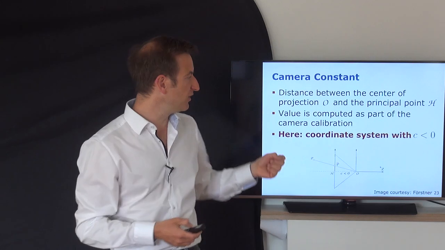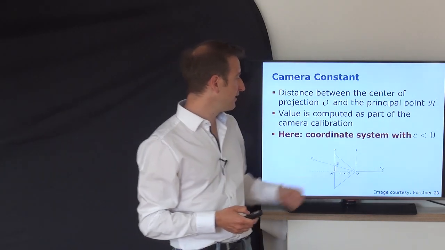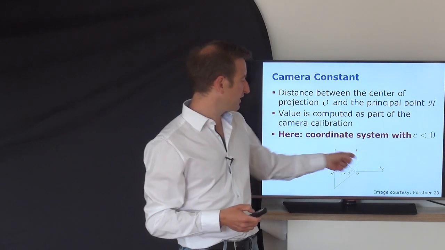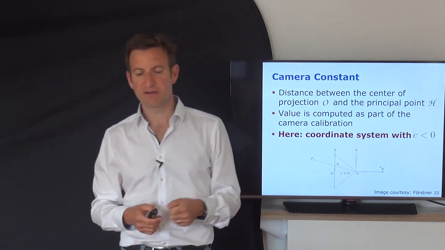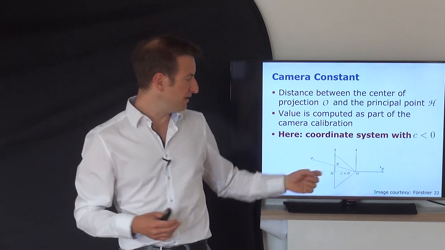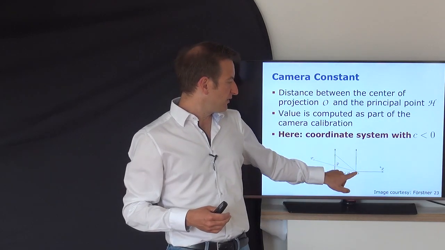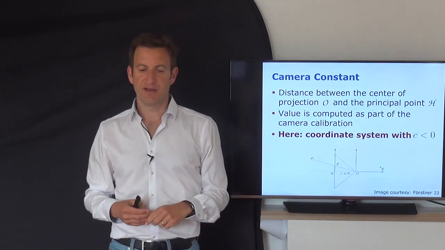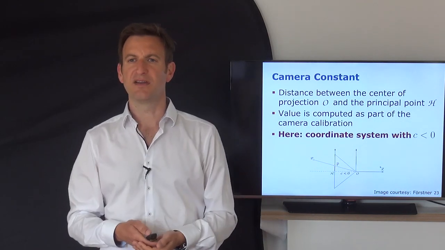So we will be using here this non-physically motivated model where the image plane sits in between the coordinate system of the camera and the point in the 3D world, just to be clear what we're doing here.